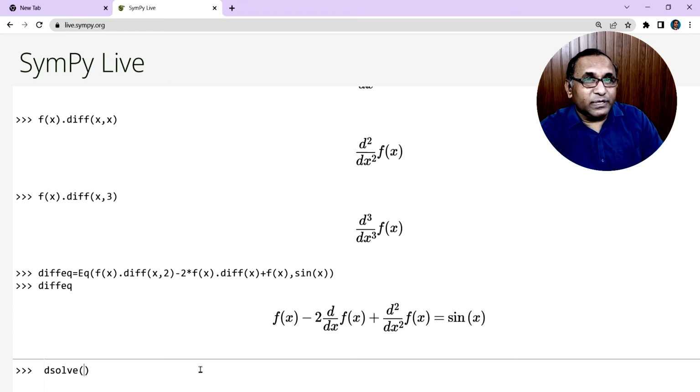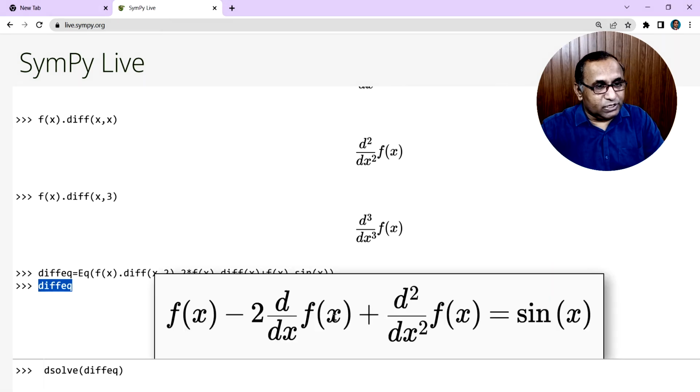And then after that we will use the dsolve function to solve the above differential equation, and the syntax is diff equation. This is the assignment which we use at this place for the differential equation.